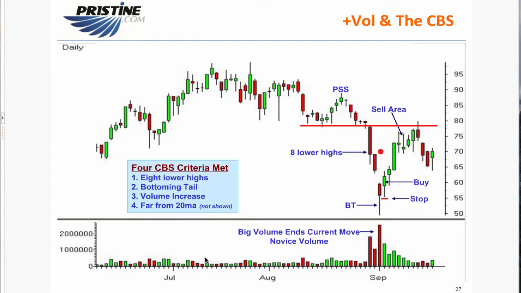But if it's a climactic setup, you don't want to give it a whole bunch of time, because this is the kind of thing where you're trying to capitalize on a move against the trend, so it should, as I said, move quickly in your favor.